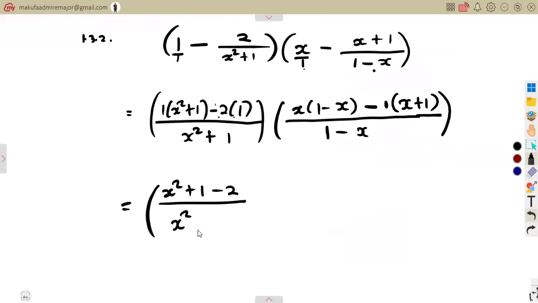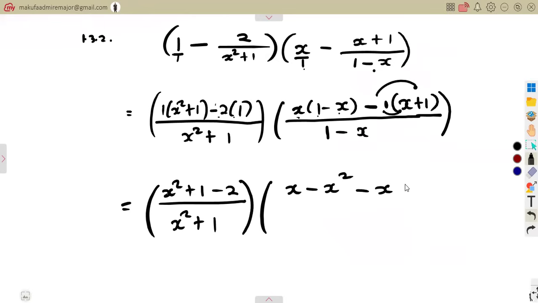Everything over x squared plus 1 multiplied to x and 1. That is x. X times minus x, that's minus x squared. Minus 1 multiplies x, that's minus x. Minus 1 and 1, that's minus 1. Everything over 1 minus x.